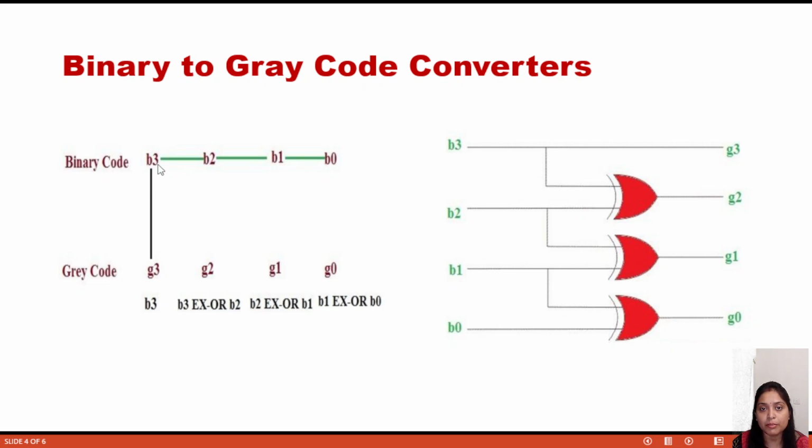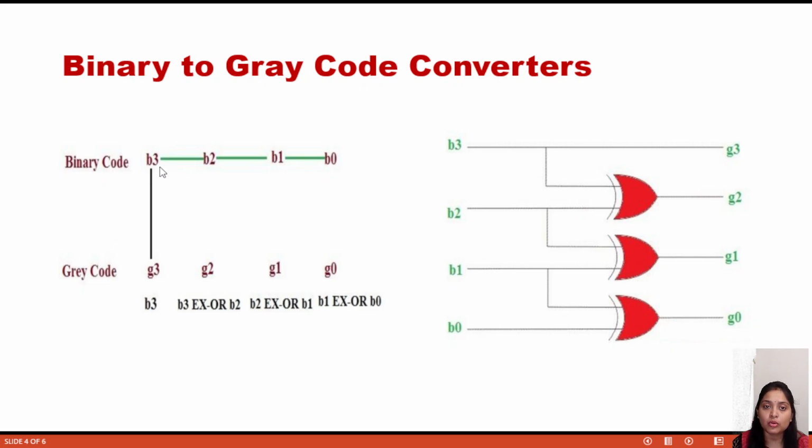This is B3, B2, B1, B0. As it is a binary number, I have written B. I didn't mention any 0-1 combination here; I only explain the process. As it is a gray code, I have written G.